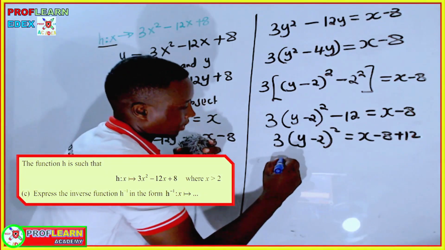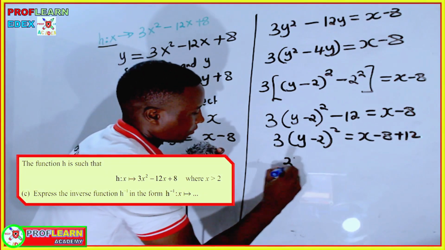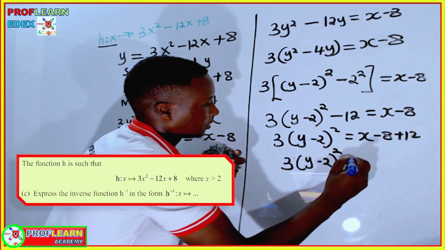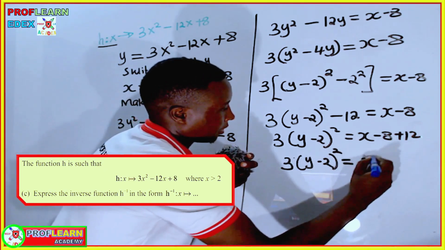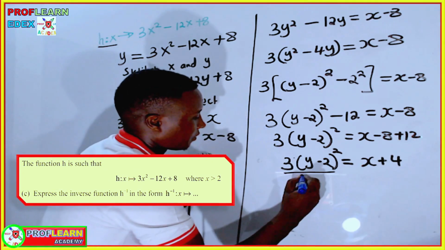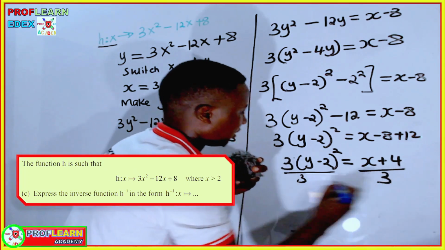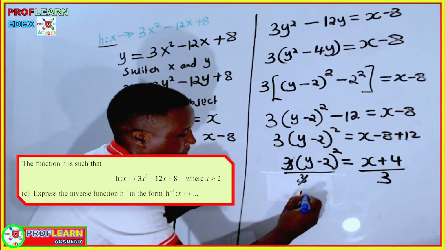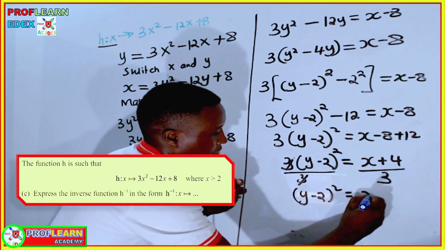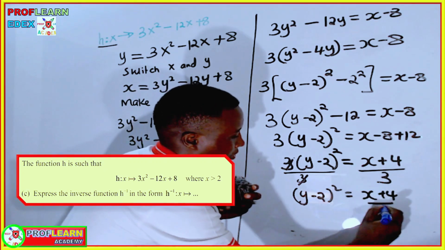So now this becomes 3 into y minus 2 squared equals x plus 4, then over 3, over 3. This will cancel out. We remain with y minus 2 squared equals x plus 4 over 3.